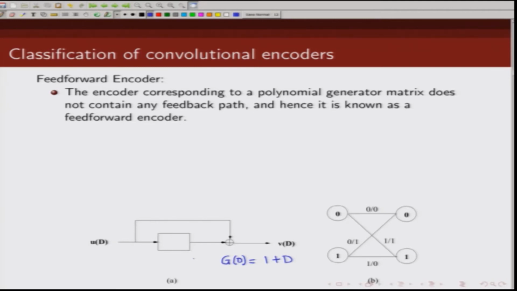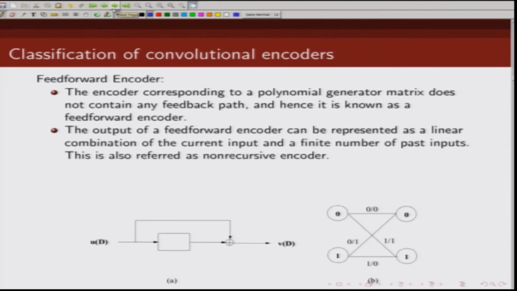Now, we can represent the output of a feed forward encoder as a linear combination of the current input and a finite number of past inputs.